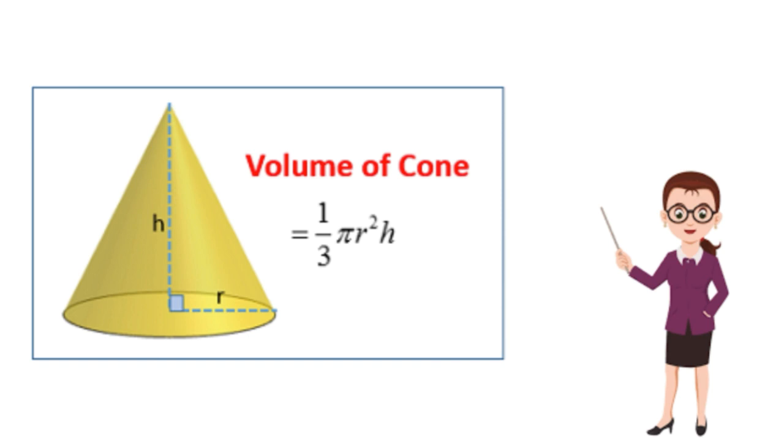Now volume of cone. Volume of cone of radius r and height h is nothing but 1 by 3 pi r square h. That is 1 by 3 times the volume of a cylinder of same radius and same height.